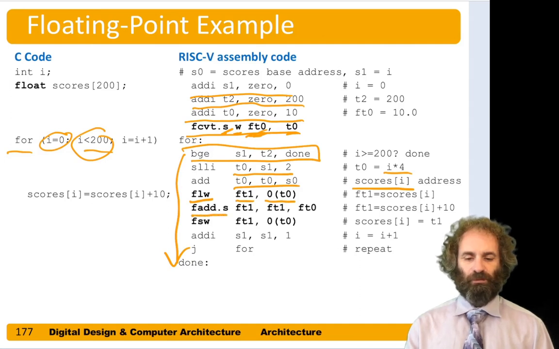Now we'll do a floating point add single precision to add scores of I to 10 and put the result back in FT1. And then we'll do a floating point store word to store floating point temporary register 1 back into the memory address. Then we'll increment I and jump back to the for loop to repeat.